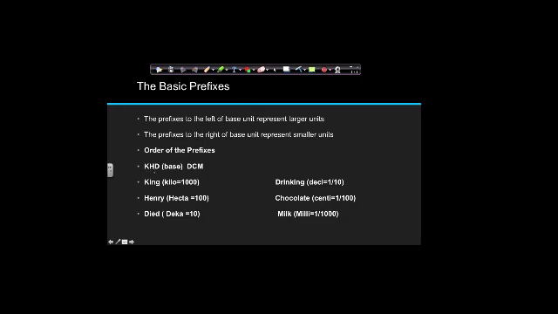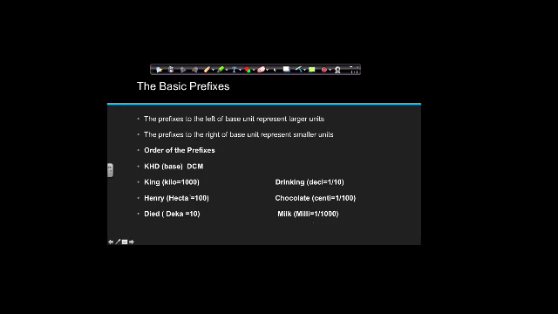So, King Henry died, base unit, drinking chocolate milk. The K, or king, is kilo. H, Henry, is hecta. The first D is deca. The second D is deci. The C is centi. And M is milli.